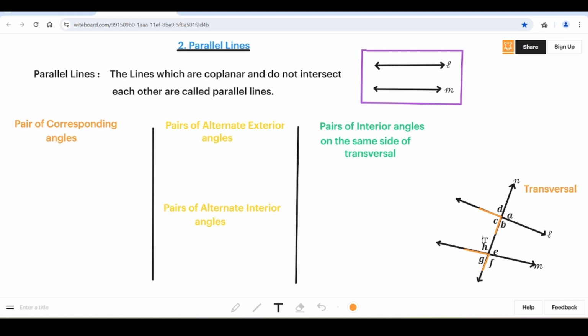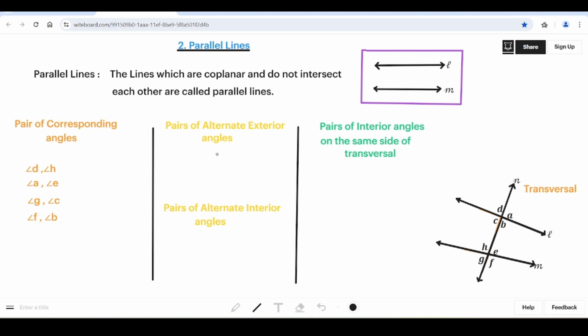The first pair will be angle D and H. The second pair will be angle A and E. The third pair will be angle G and C. The fourth pair will be angle F and angle B. Now we have got all the pairs of corresponding angles.